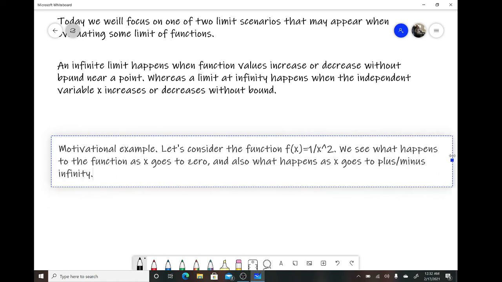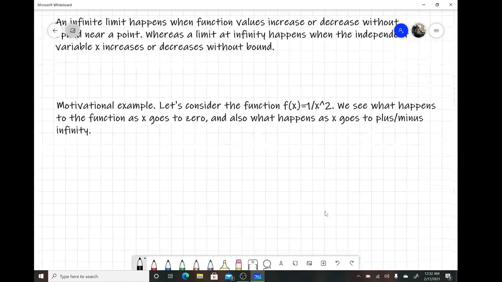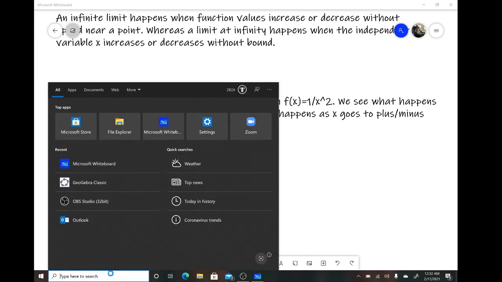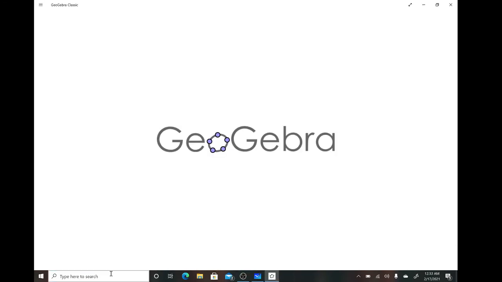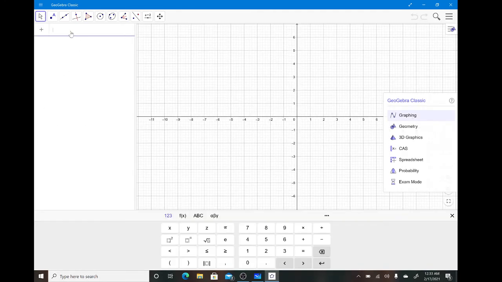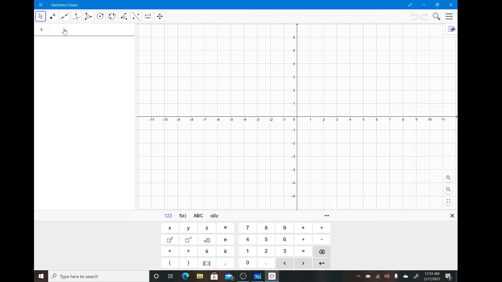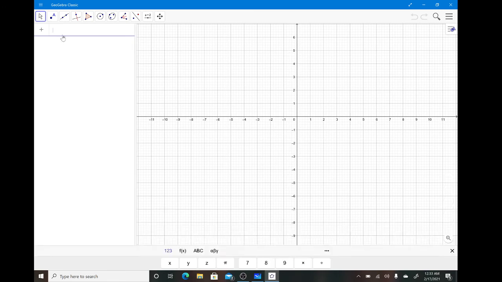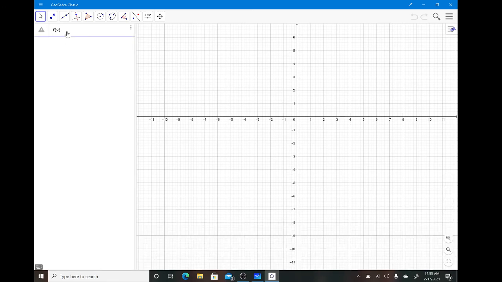All right, so let's first of all graph this. I'm going to really quickly graph this in GeoGebra so you can see how it looks. Kind of looks nicer in GeoGebra. So f of x equals 1 over x squared.